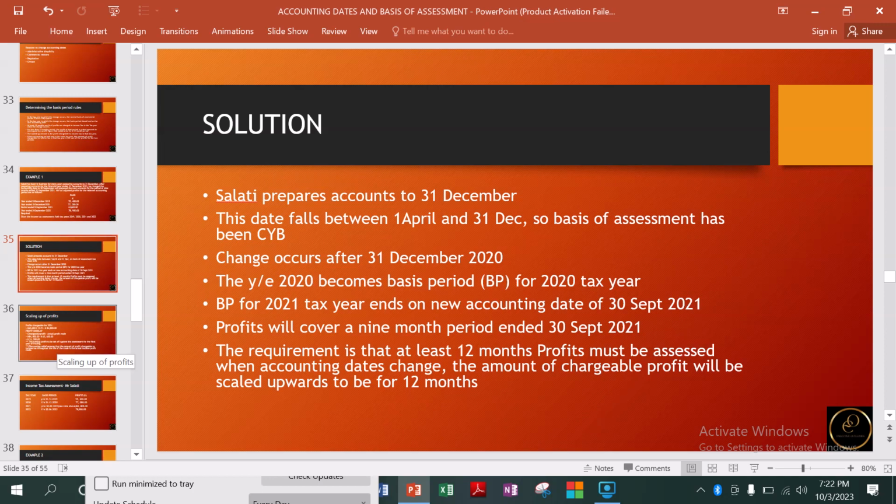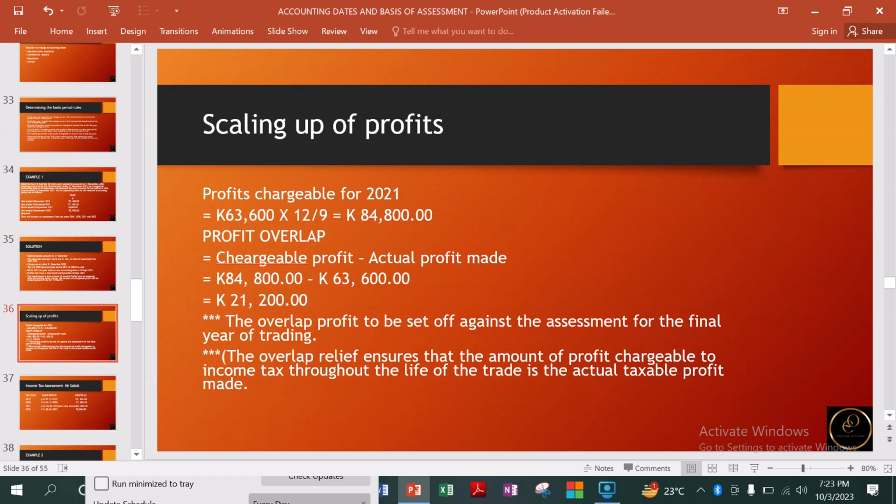So let's continue and see what happens in this particular case. Okay, so we are looking at how we scale up the profits. How do we scale up the profit?